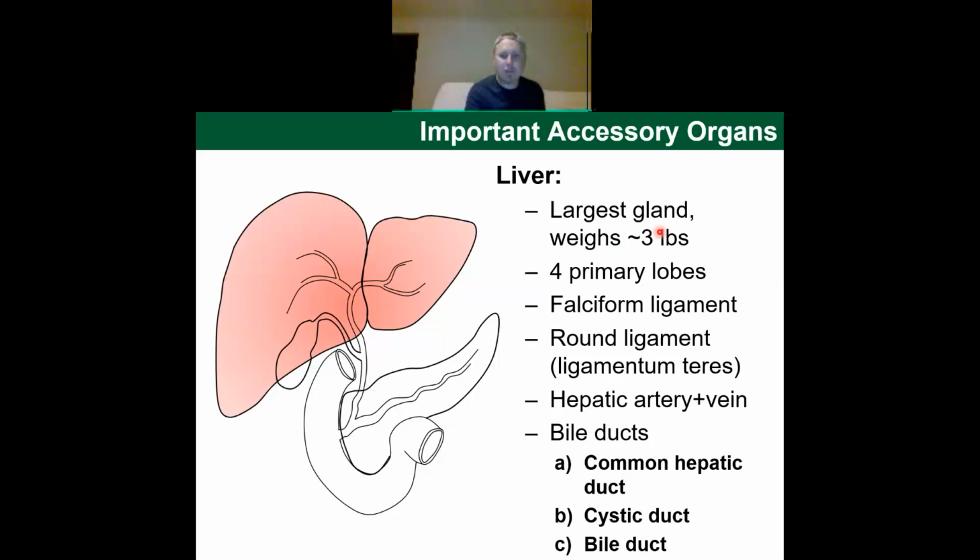But really, the big function of the liver is to produce bile. And don't get confused. A lot of the time, people who have done a lot of A&P, even nurses, get confused. They think that bile would be produced by the gallbladder. That's not the case. It's the liver that produces the bile. And then the bile travels to the gallbladder to get stored and concentrated.